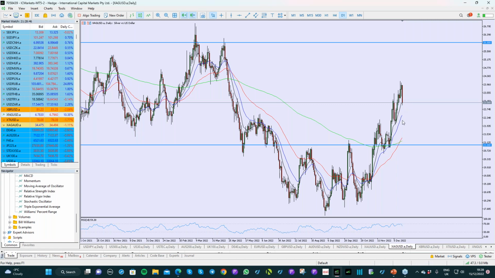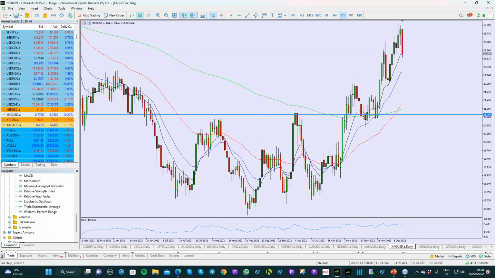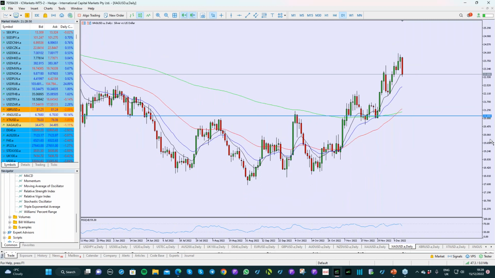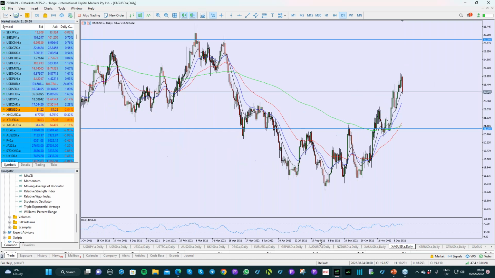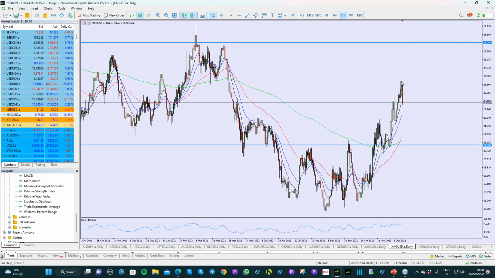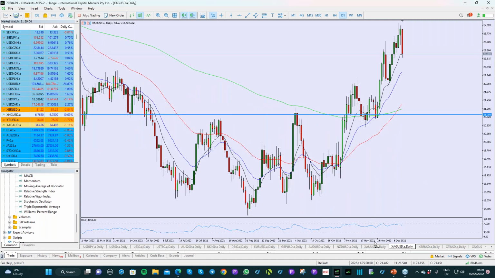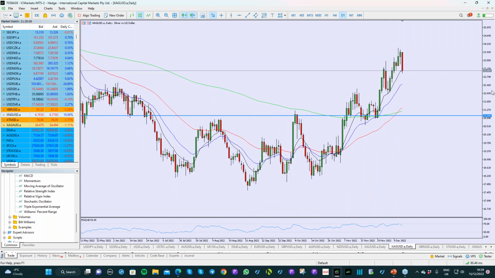Now, I don't usually particularly like seeing the pullback happen all in one candle, ideally. If I'm trading pullbacks, I like to see the pullback show weaker price action than the move in the direction of the trend. So if I can clarify that a bit more.